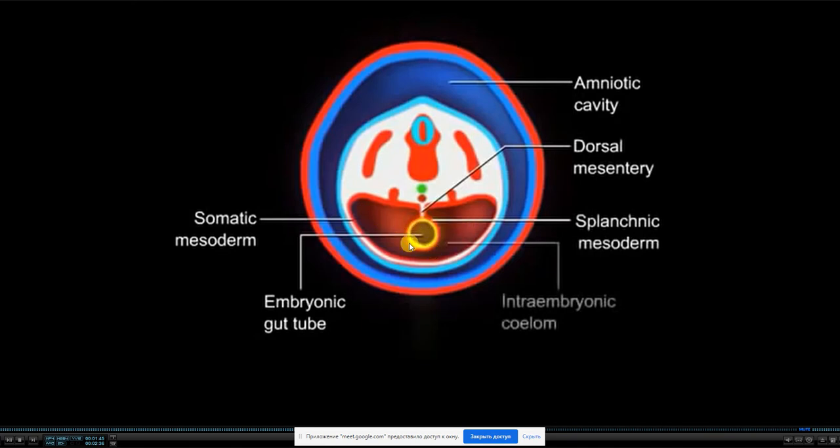It's the future digestive tract, and it will be very important now because the respiratory portion is made from this embryonic gut tube, especially from the foregut.